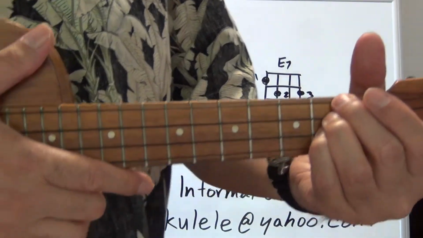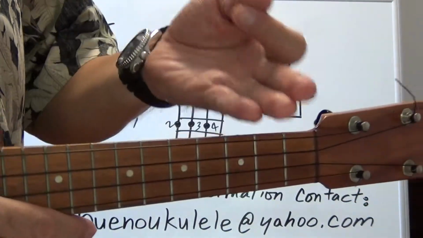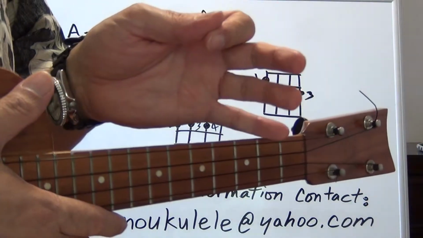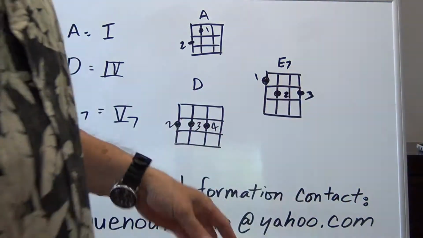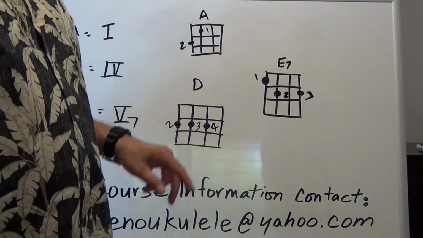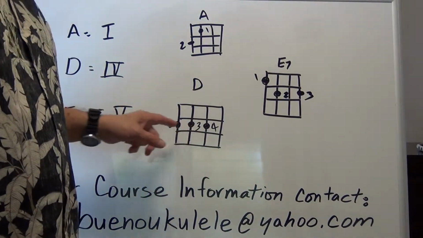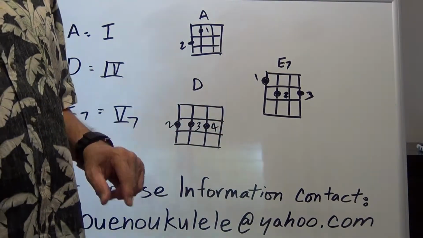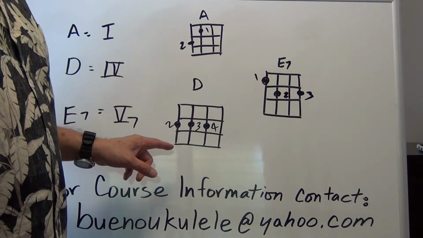Last 3 fingers. 1, 2, 3, 4. Just to remind you, in the music book it shows you some other fingering. Don't use that fingering. Use this fingering.